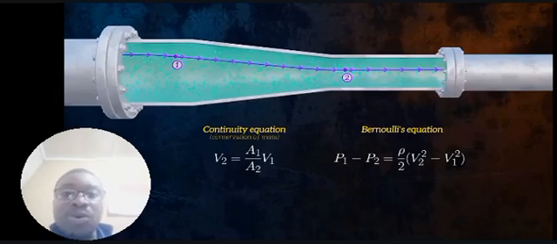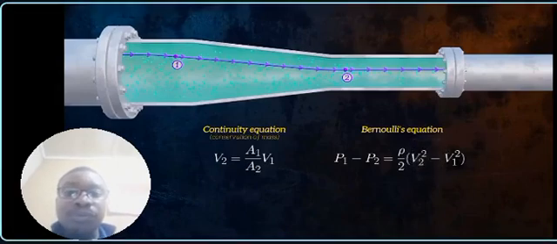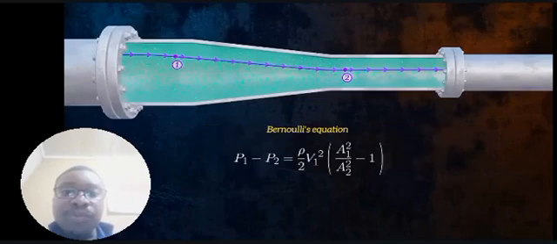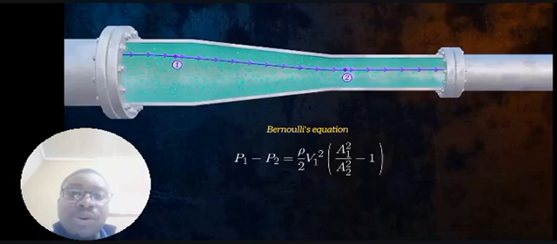So we can now take V2, substitute A1 over A2 times V1 into this equation. Remember V2 is larger than V1. When we rearrange, this is what we end up with. There is a pressure difference there, which is pressure 1 minus pressure 2, equal to the terms to your right.